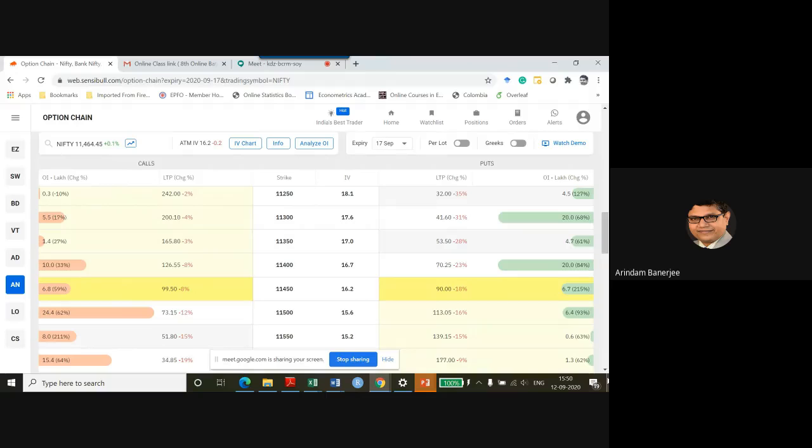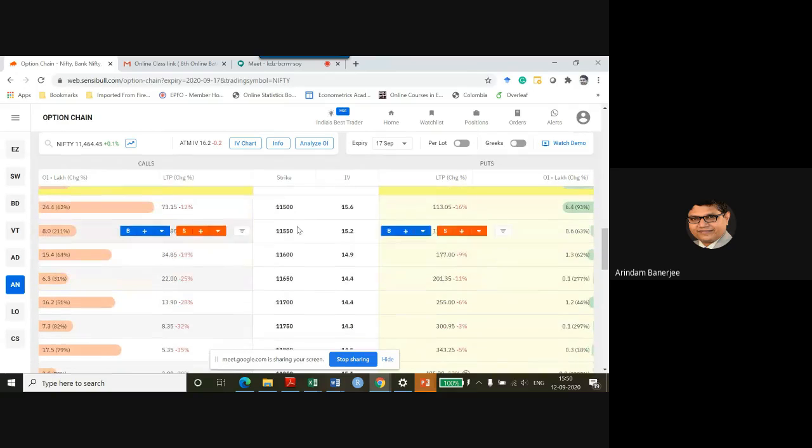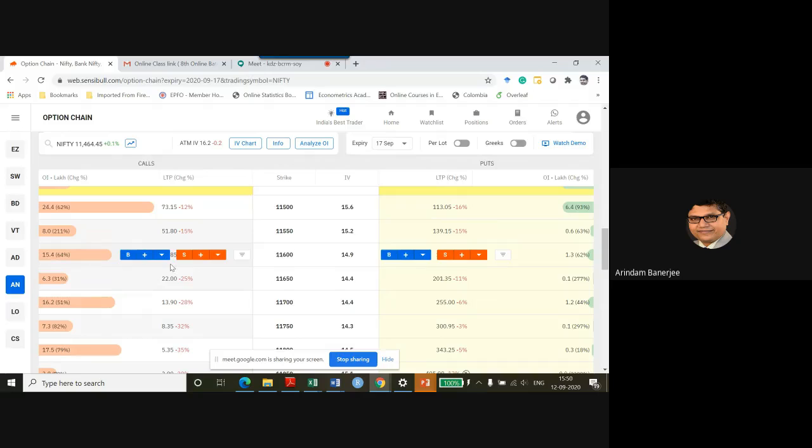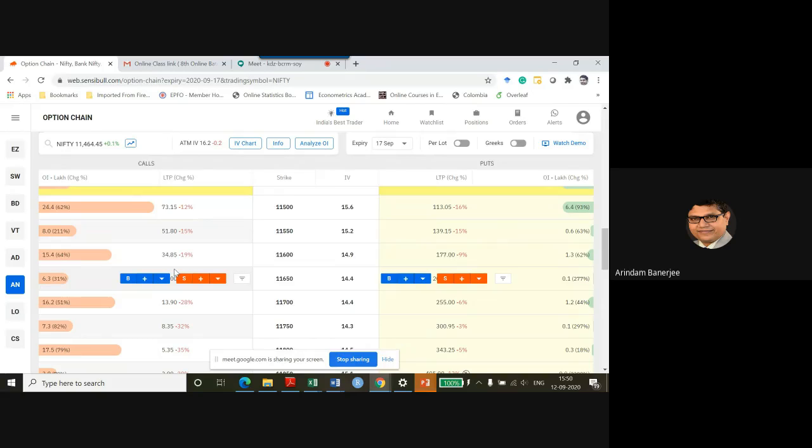But if I consider, for example, this option 11,600, the premium we can see here is very less, 34.85. That does not mean that it is cheap. It is not cheap. It is being traded at a lower price because it has no intrinsic value.